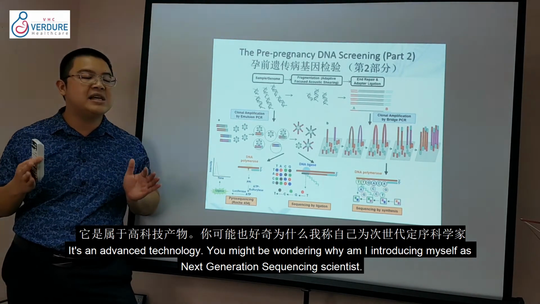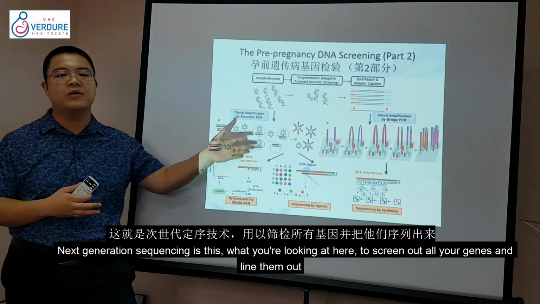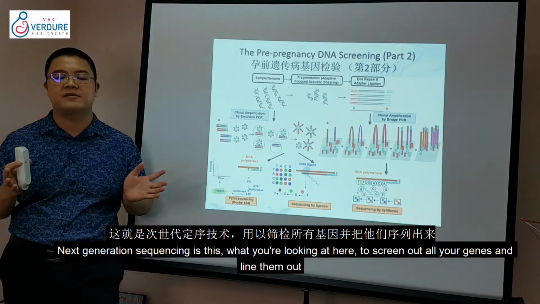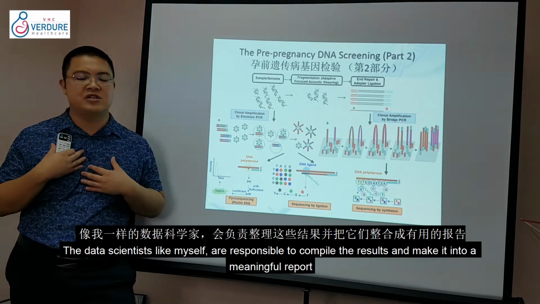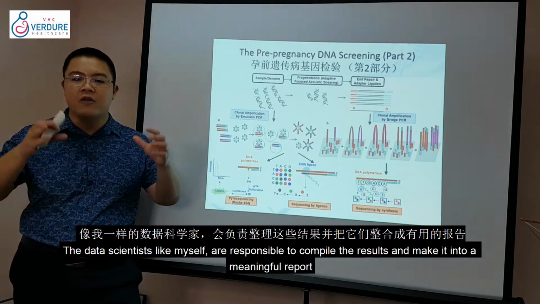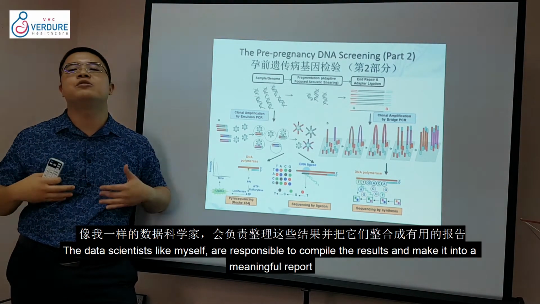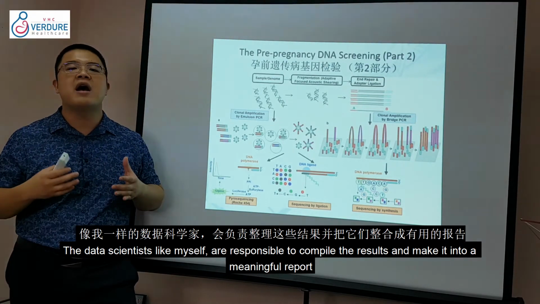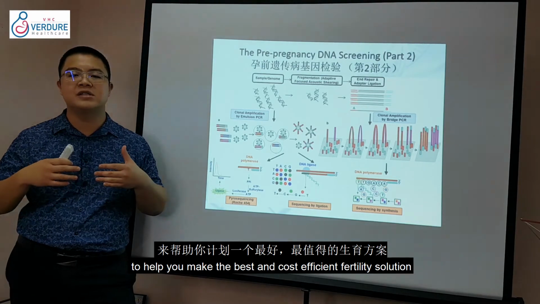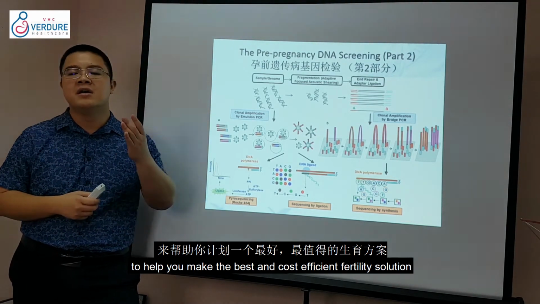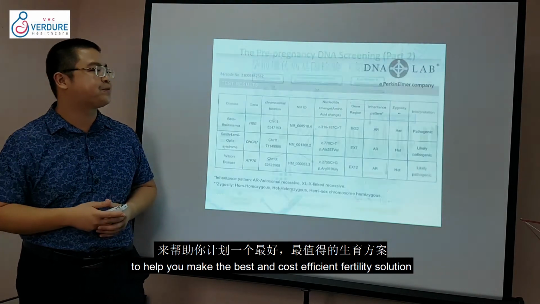Next generation sequencing is this, what you're looking at over here, to screen out the genes and to line them up. And then the data scientists, just like myself, are responsible for compiling them and producing a meaningful report to help you make the most and the best cost-efficient fertility solution.